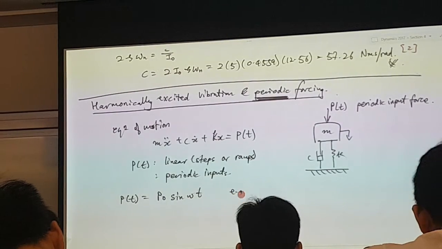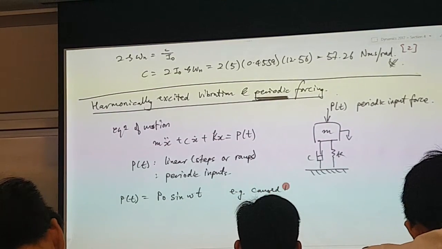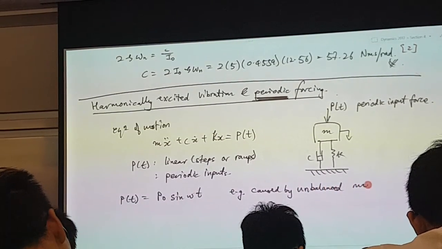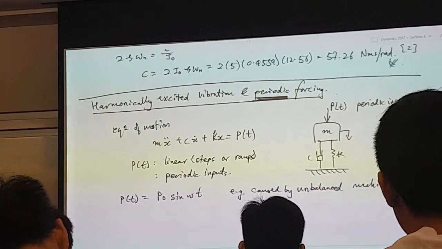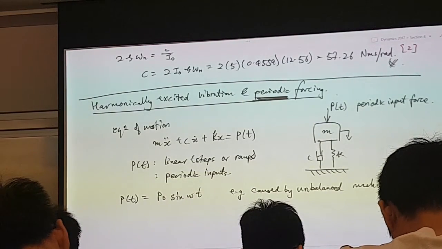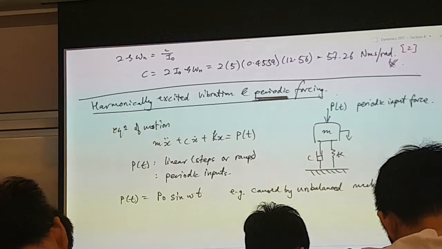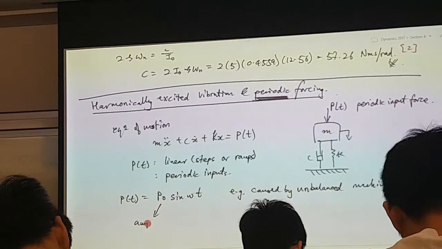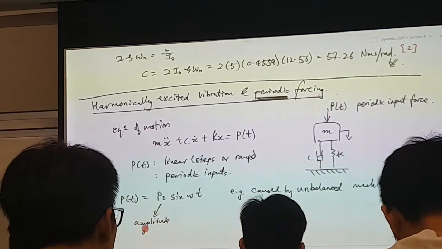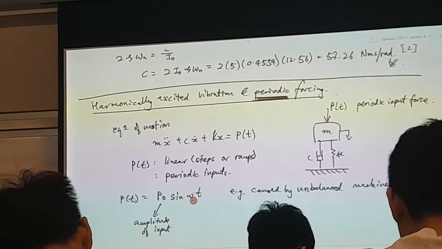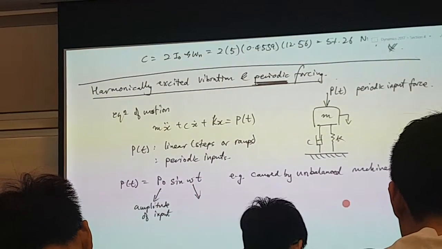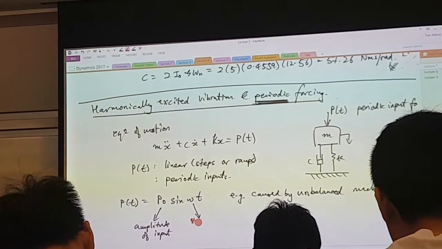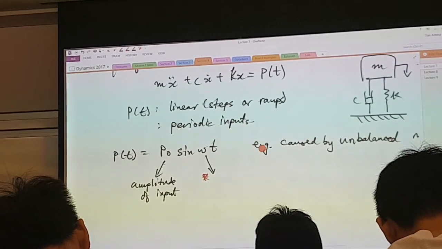So as an example, as you have seen before, this can be caused by the unbalance in certain machinery or certain wind-induced vibration. This part here, P naught, is called the amplitude of this input. And then this is the omega I was talking about. I'm going to write maybe in red color so that you are reminded again and again.